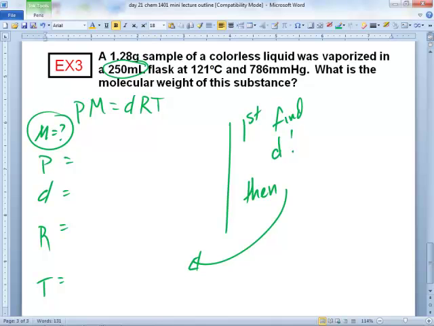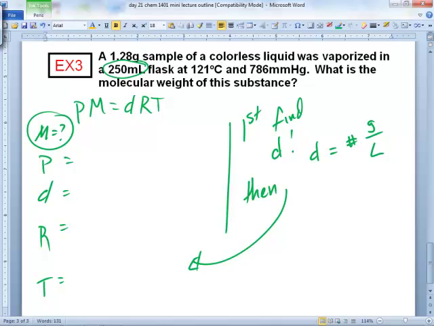The 1.28 is on the top? Exactly. Because you know that D is some number of grams over liters. So just find the number of grams, divide it by the number of liters, and you'll have little d in grams per liter. Alyssa's right.